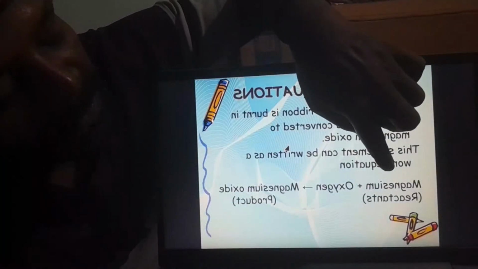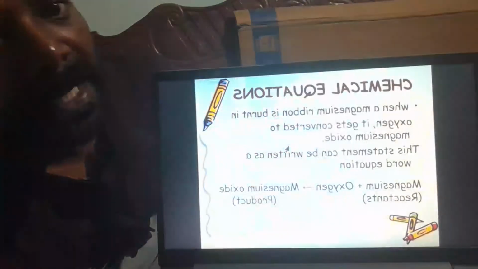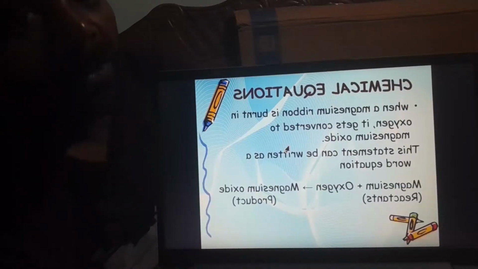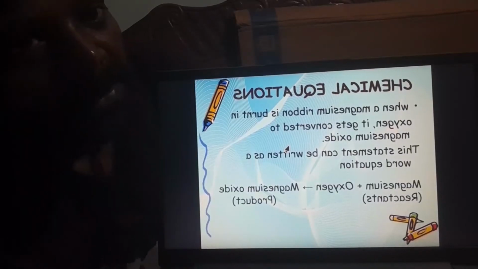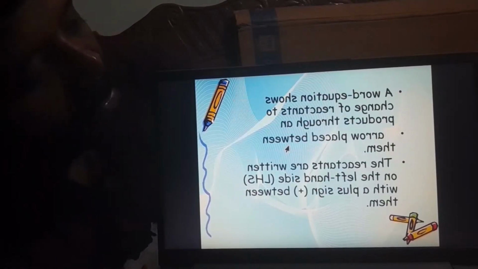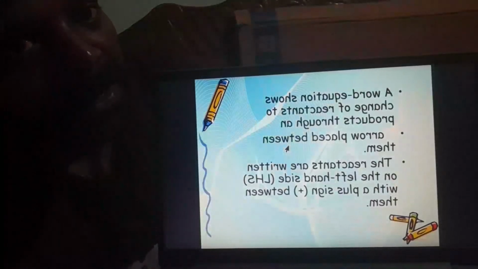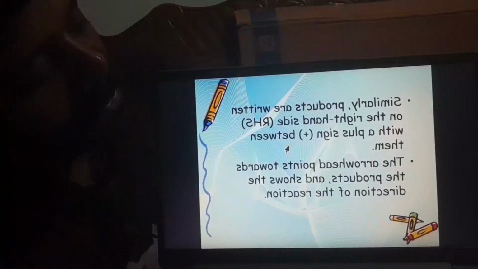We call this a word equation since we have written the words of the substances involved in the chemical reaction, right?